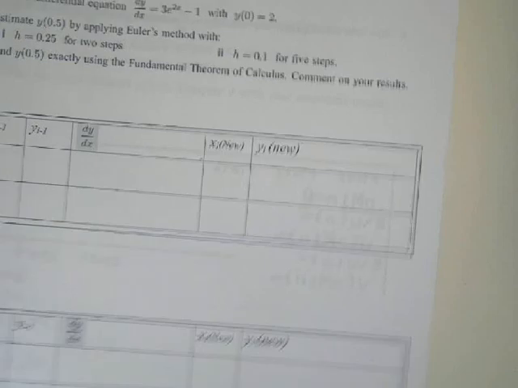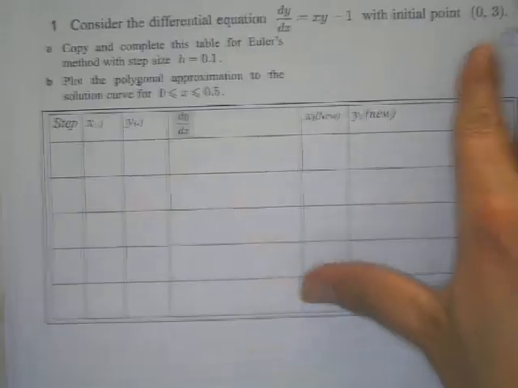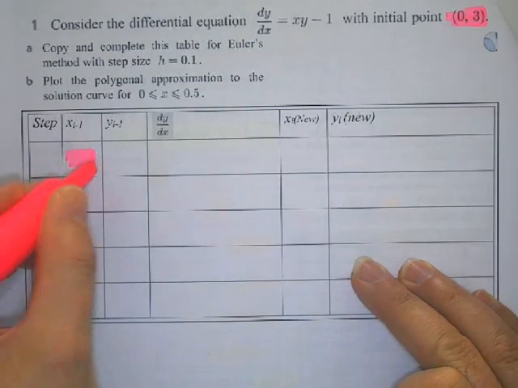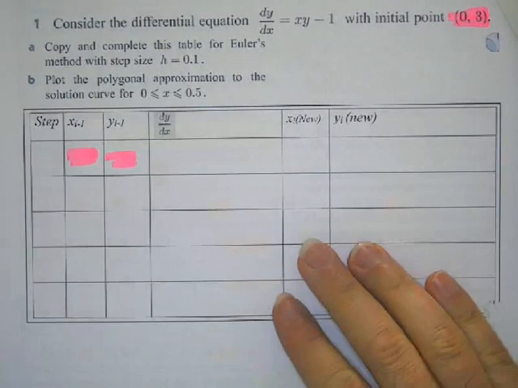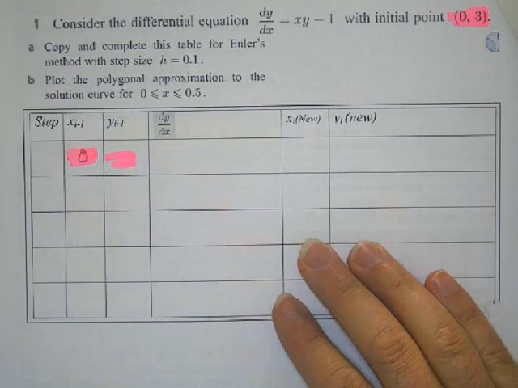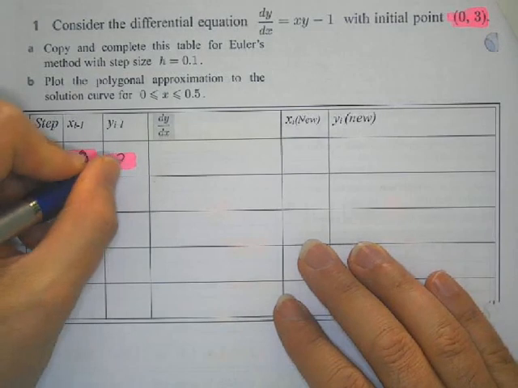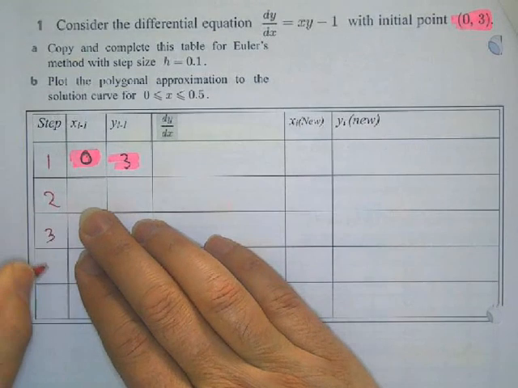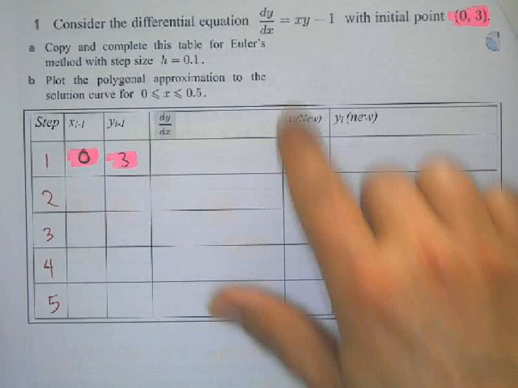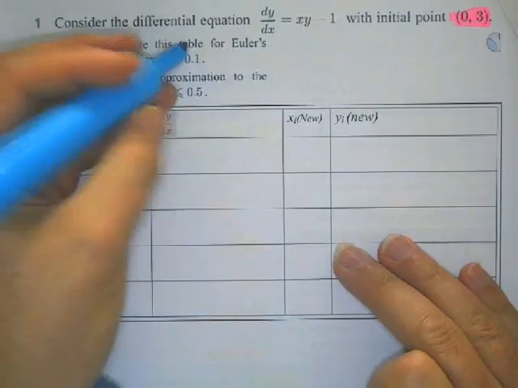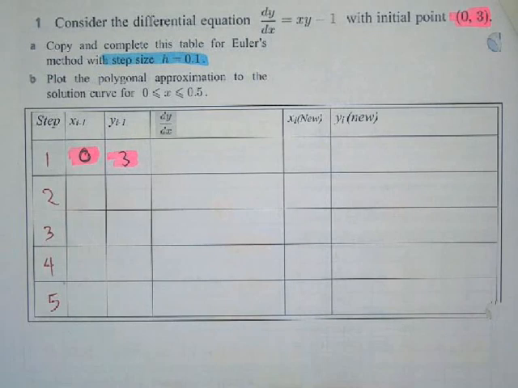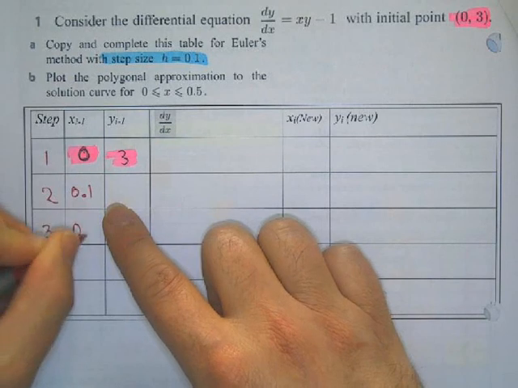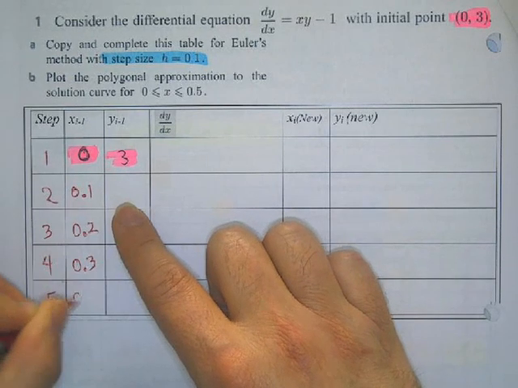Okay, so let's walk through this one here, starting with our initial point of 0 and 3. Our steps go 1, 2, 3, 4, 5, right? And our step size is 0.1, so I can fill that in right now. 0.1 will be the next one, 0.2, 0.3, 0.4.